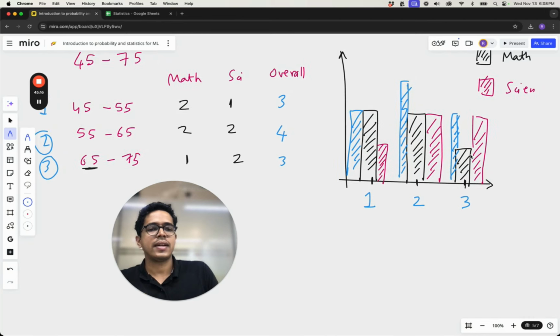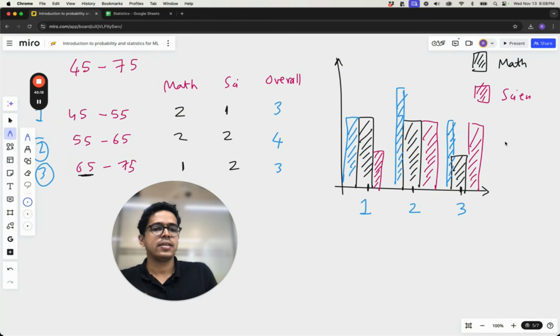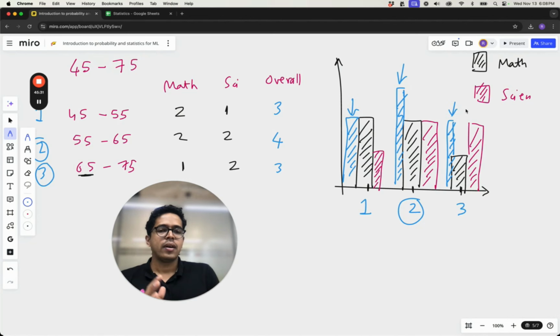So you can see that on average, which is the blue curve, the number of medium scorers is highest. The number of low scorers and the number of high scorers are low. But if you come to math, the number of high scorers is less.